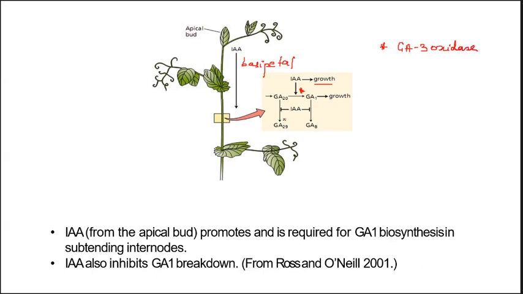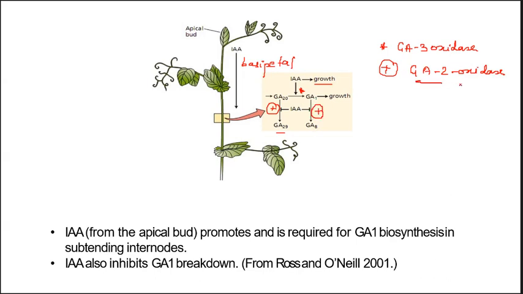Now for GA20 to GA29, here I am writing a plus sign. The plus sign represents GA2 oxidase, and auxin is inhibiting GA2 oxidase. Here also, GA1 to GA8, I am writing plus.